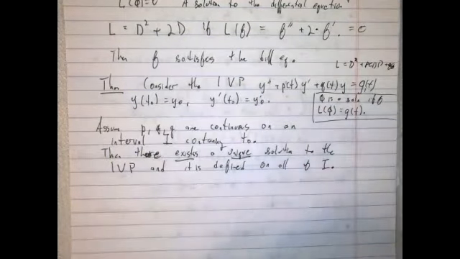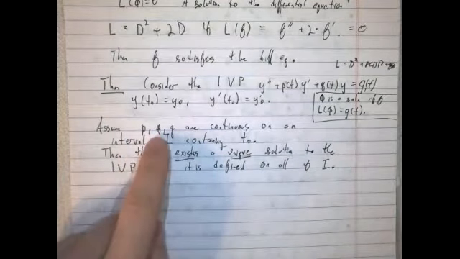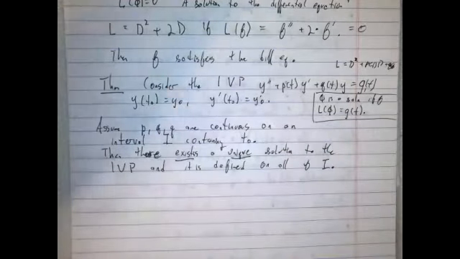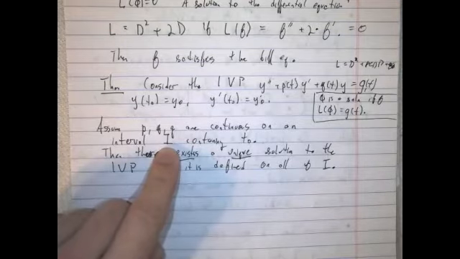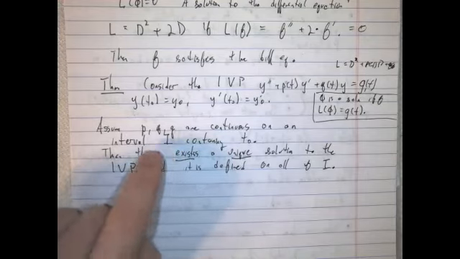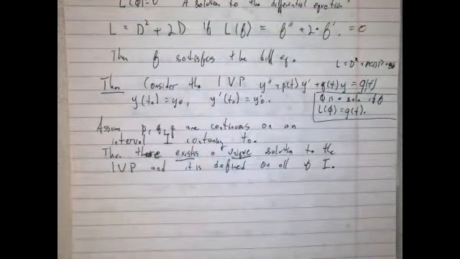We can extend it the most that we could possibly hope for, just depending on P, Q, and G. I want to contrast that behavior with the existence and uniqueness theorem for nonlinear equations. For nonlinear equations, there exists a smaller interval I prime contained in I where you have a solution, and maybe you can't extend it to all of I. But here, we can extend it to the biggest possible interval on which P, Q, and G are all continuous.